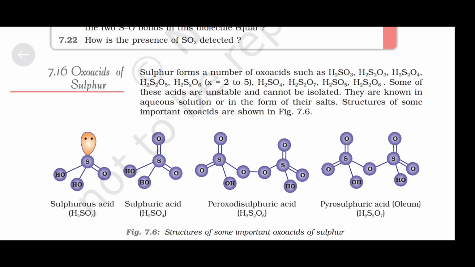Oxoacids of sulfur. Sulfur forms a number of oxoacids such as H2SO3, H2S2O3, H2S2O4, H2S2O5, H2SxO6, where x can be 2 to 5, okay, H2SO4, H2S2O7, H2SO5, H2S2O8.